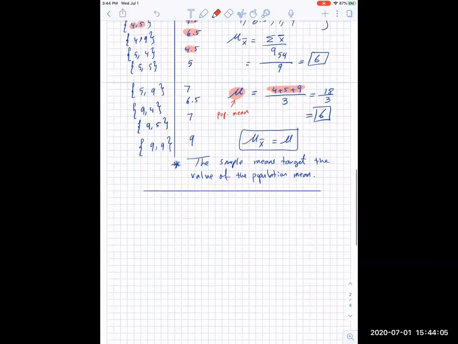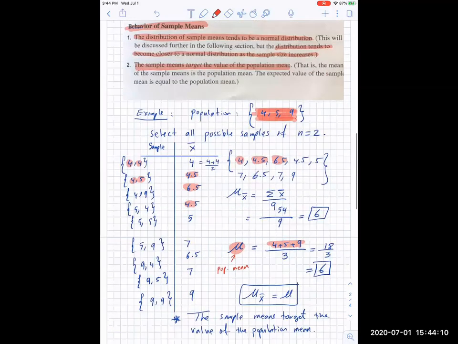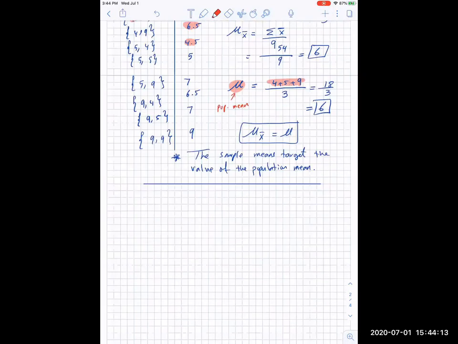Okay. So I want to talk about this next distribution, which is the sampling distribution of the sample variance.